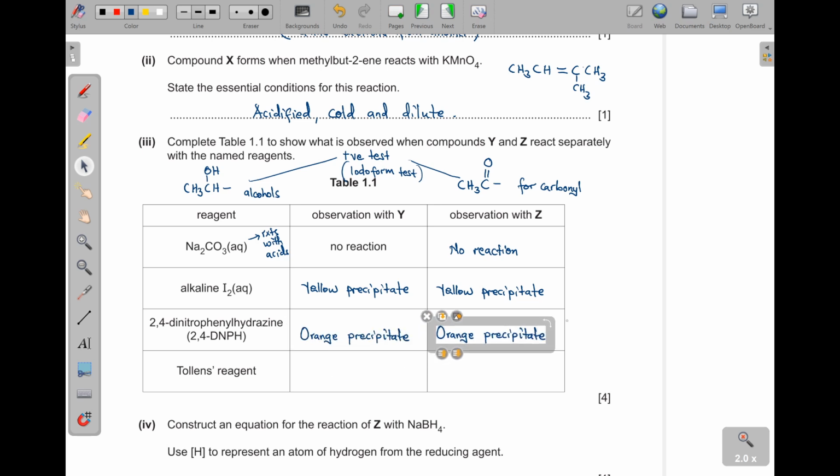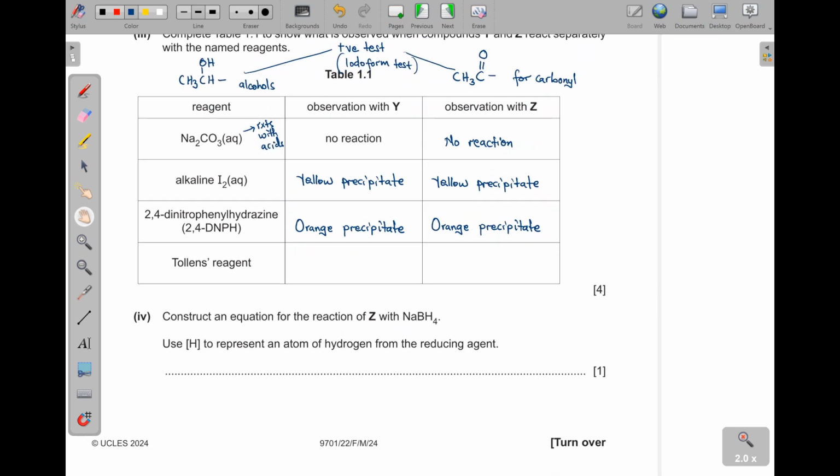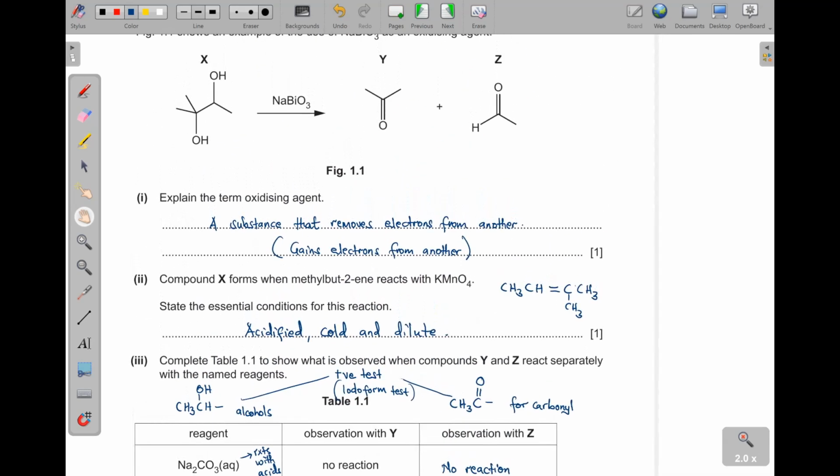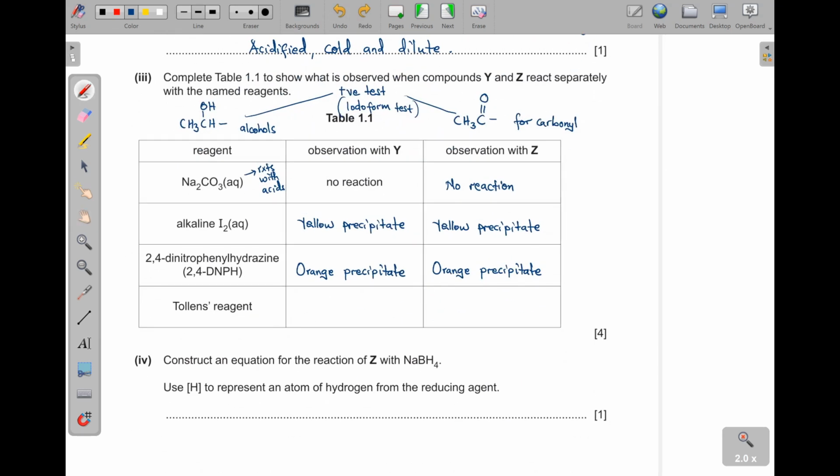As simple as that. Then Tollens' reagent. This one gives a positive test with aldehydes, not ketones. So we shall see a positive test with this one here, but not with Y, because Y is a ketone. So for Y, we shall put no reaction.